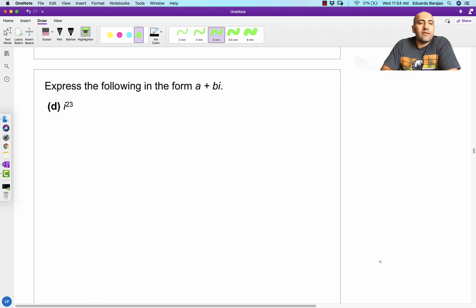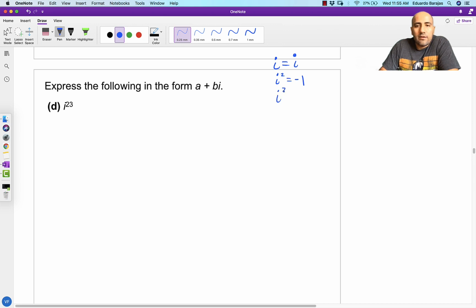Okay, express i to the power of 23 in the form of a plus bi. Okay, so let's look at a pattern with i's. I started up above, so let's keep going with that pattern. So we have i is just i, nothing special about i. And we saw that i squared was equal to negative 1.